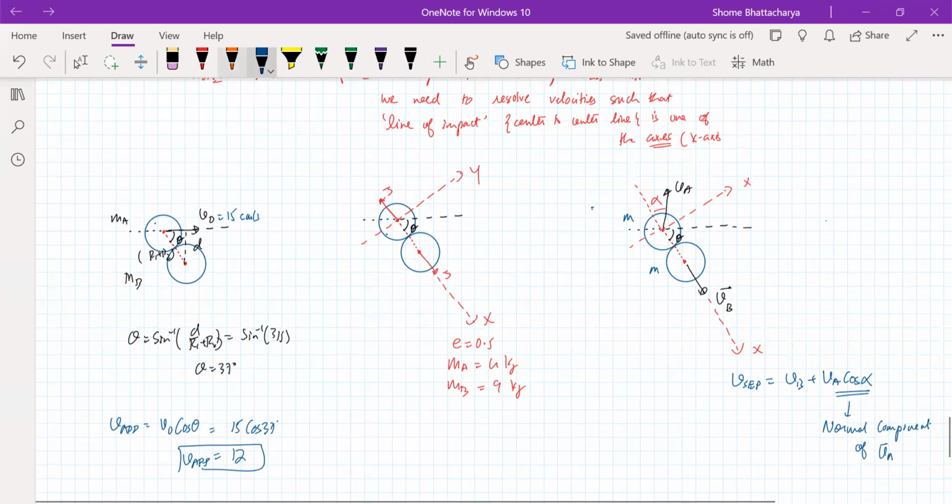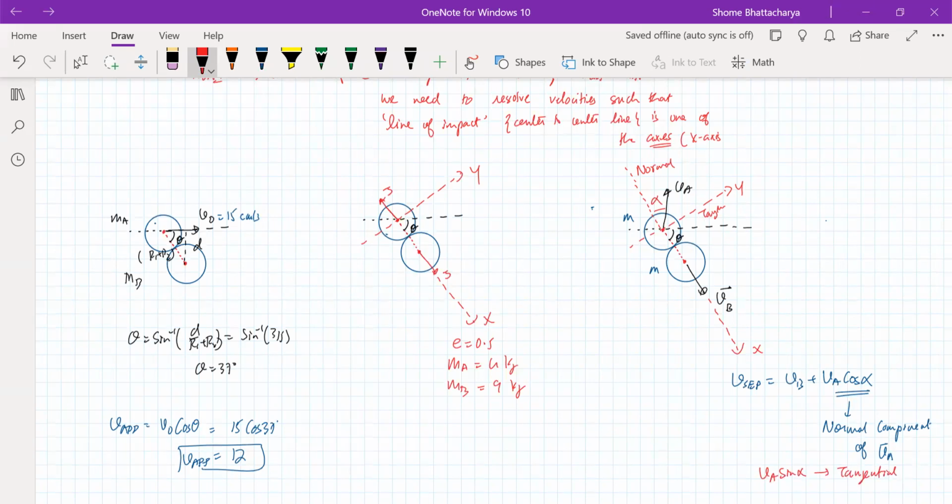Because we can see that this x-axis is the center to center line, so this is the normal line. And this y-axis is the tangential axis. So VA sine alpha here is the tangential component. So we'll come to that also.